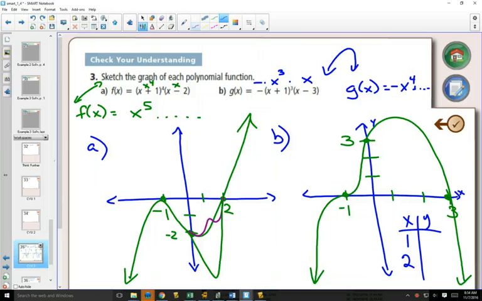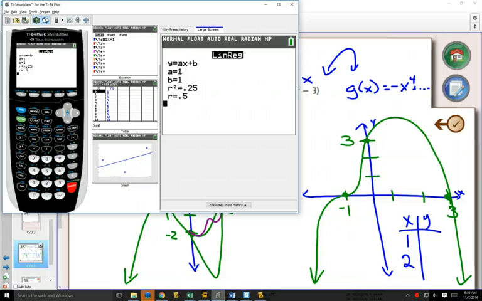And if you have your calculator, you may as well use the graphing function on your calculator to check. Did you know that after you graph something on your calculator, that above the graph button it says table? You ever seen that? So let's just type in this last one. What was it?